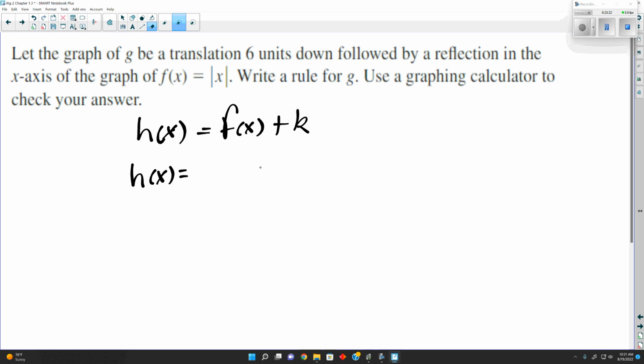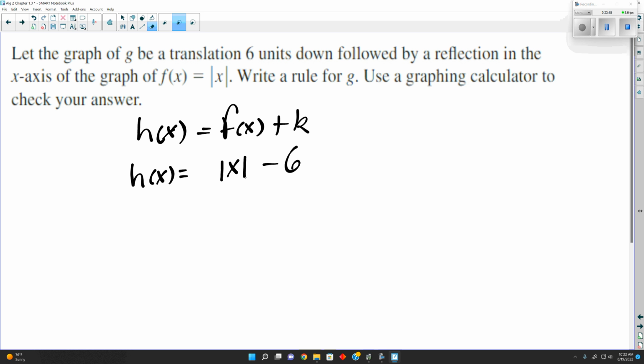Well, the value of k in this case is negative 6, and it would be negative because we're going down. Now we can also plug in f of x, and f of x is going to be the absolute value of x. Well, we didn't really need the parentheses around the absolute value because there's nothing in front of it. There's no signs we need to alter. So this is it here.